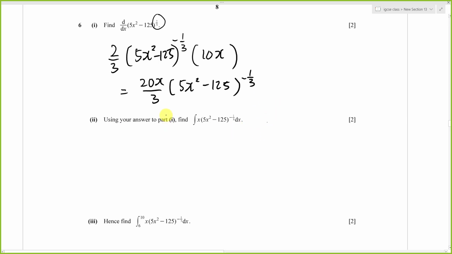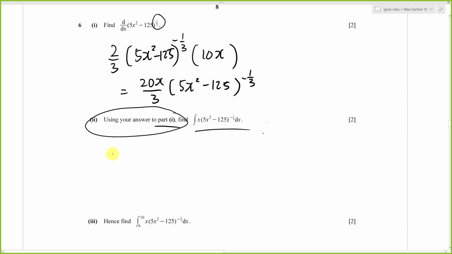And then using your answer in part 1, do the integration for this part. When you see something like this, you don't really need to integrate it, but you need to rearrange your equation. So what you can do is copy the question and the answer from your part 1.